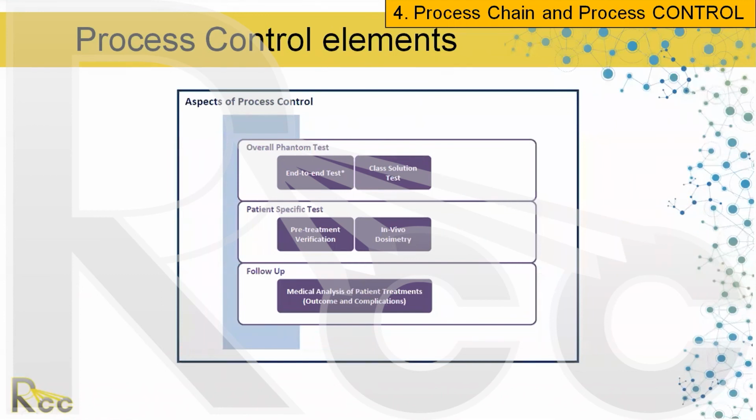So a class solution test is where you develop a class solution, or you develop a treatment. And instead of QAing that treatment for every patient, it's a static treatment. So you use the same one, and it's already been established in a commissioning process. So say, for example, you're just going to do a 4-field box. They do these with stereotactic and other things in Europe.